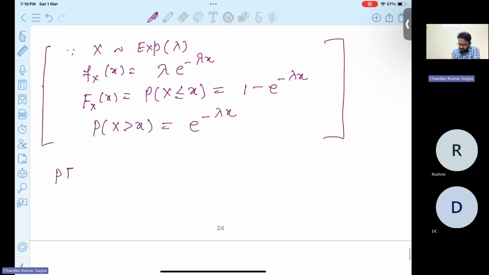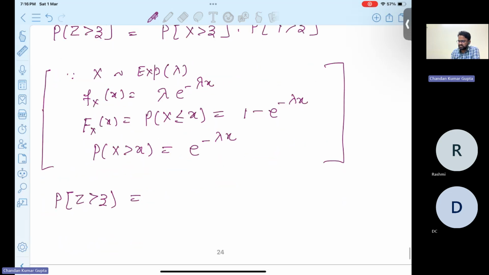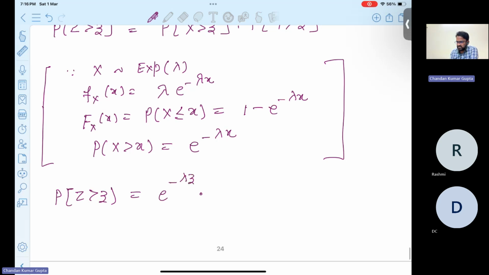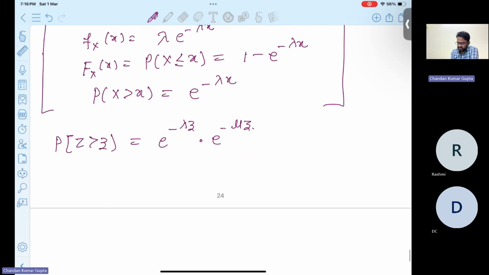So we put this value. We can write probability that Z is greater than z is X is greater than z and Y is greater than z. So this implies e to the power minus lambda z into e to the power minus mu z, which is e to the power minus of lambda plus mu z.